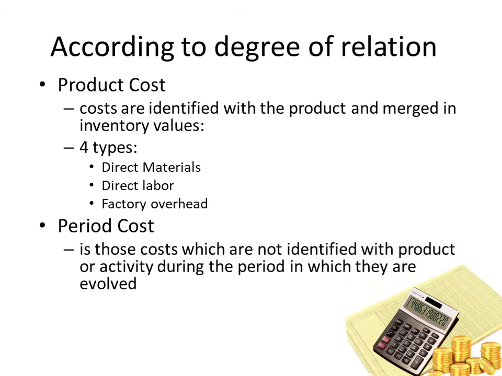We also have the period cost. These are costs which are not identified with the product, and are expensed during the period in which they are incurred. Normally, period costs are what we incur during the period whether we produce or not.